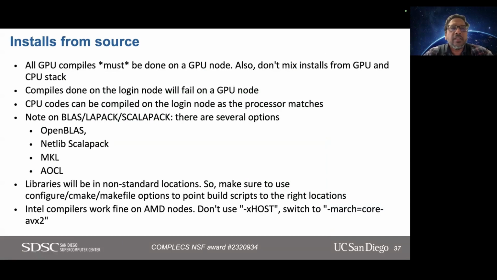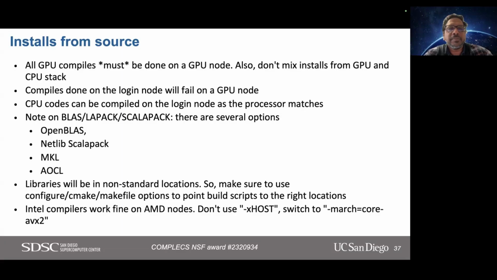Now, if you're compiling from source, some more things to keep in mind. All GPU compiles have to be done on a GPU node, and you might know why, because as I mentioned, the stacks are different and the CPUs are different. So if you optimize based on one, you cannot use it on another. Specifically, the login node has the AMD CPUs.